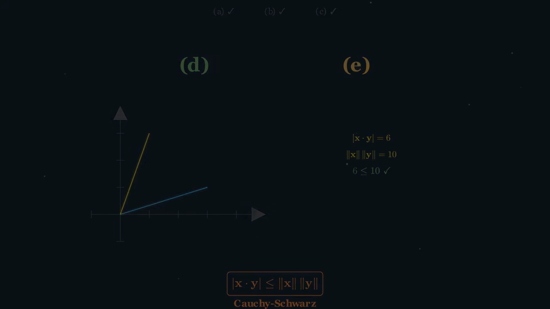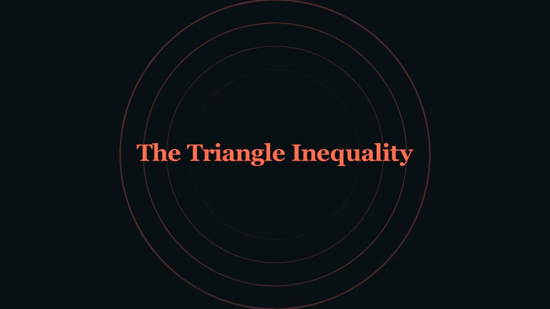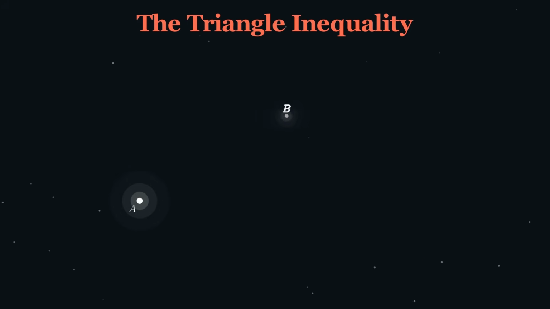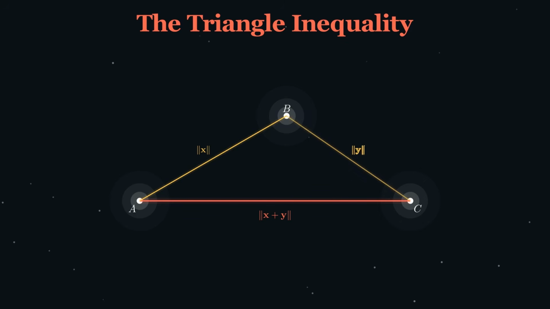And part E, the most important one of all. The norm of x plus y is less than or equal to the norm of x plus the norm of y. This is the triangle inequality. What does it say?